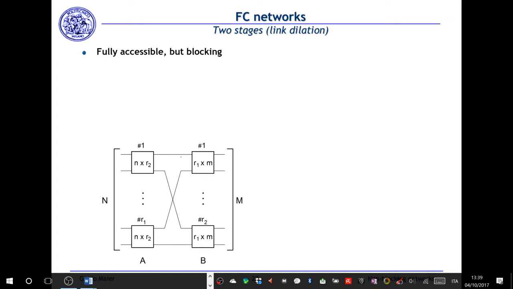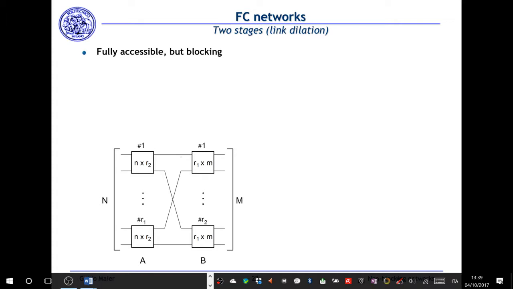Okay, but the matrices are not splitters or combiners. They have multiple inlets and multiple outlets. So from a matrix of the first stage, you don't have a single connection, you have many, and out of the matrix of the second stage, you have m outlets.